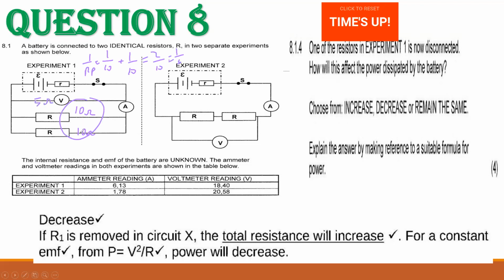All right, but if you remove 1, what's going to happen? If you remove 1, this is gone. What is left? Only 10 ohms left. As you see, total resistance increases.